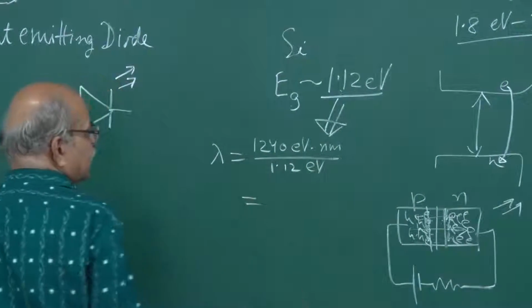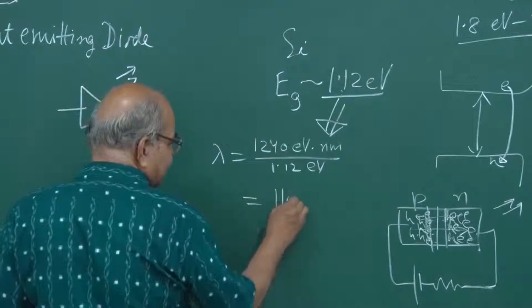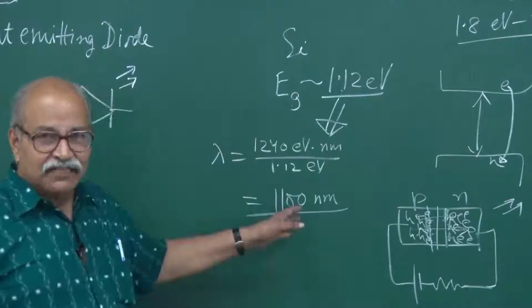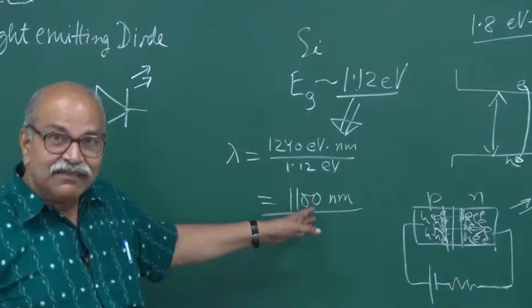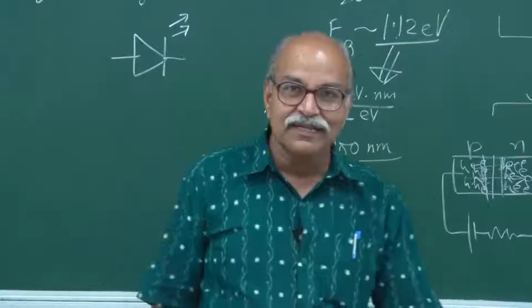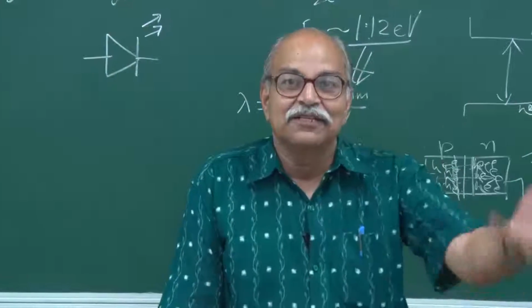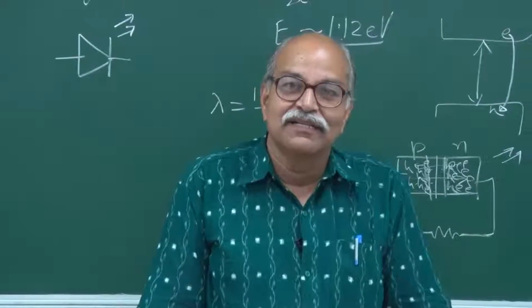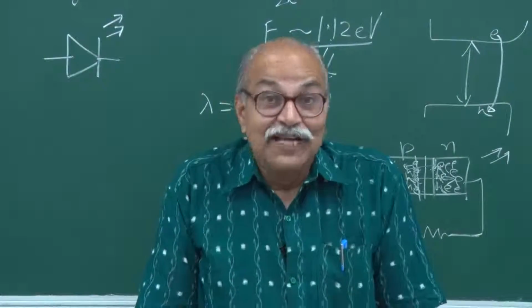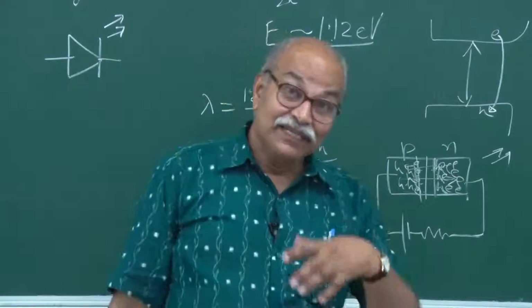So how much will that be? That will be somewhere around say 1100 nanometer. Infrared. So does it mean that when I pass a current in a silicon p-n junction, I will get 1100 nanometer infrared radiation? It does not work out that way because of another physics.